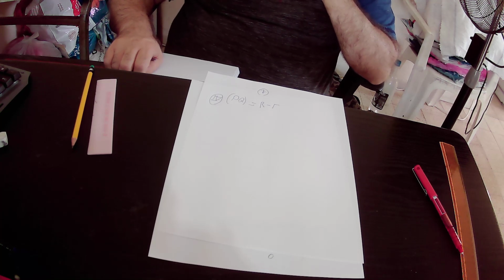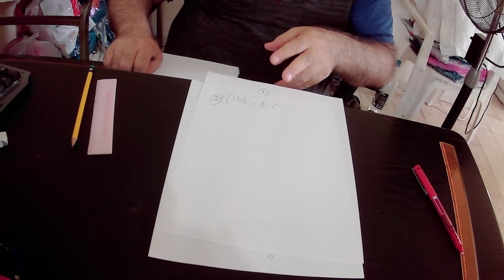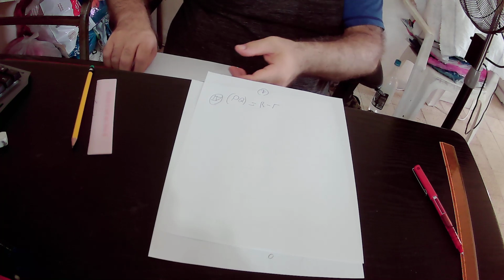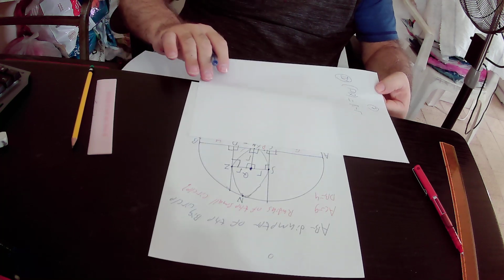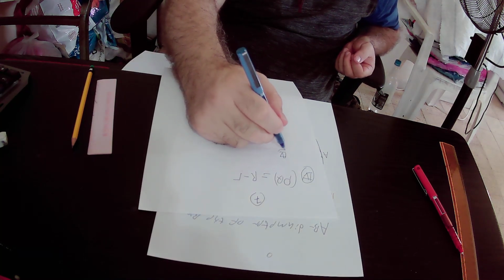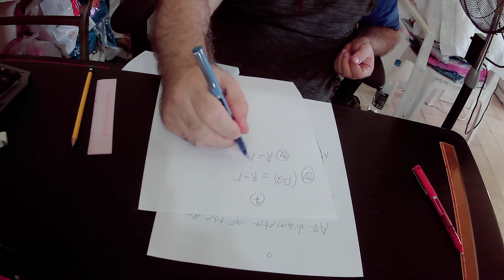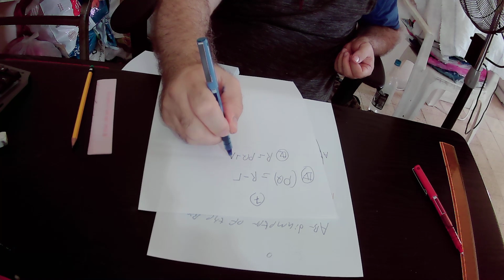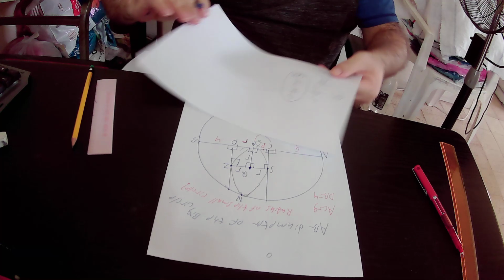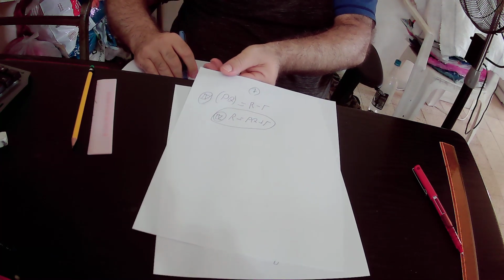So here we will add small r to equation number 4, and we will get that capital R equals PQ plus small r. So according to equation number 4, capital R equals PQ plus r.